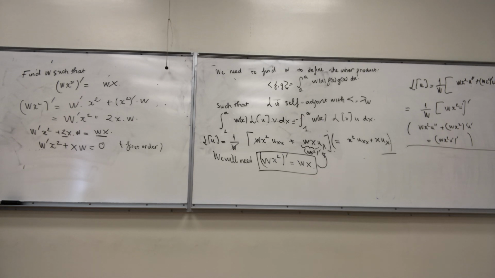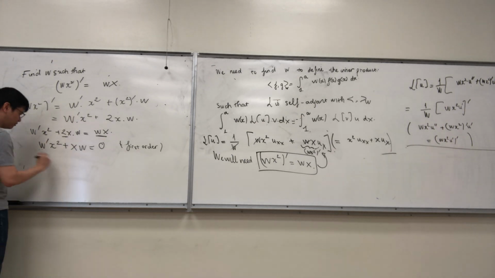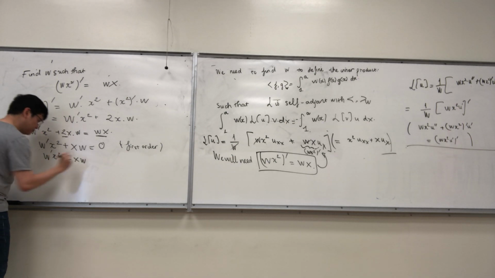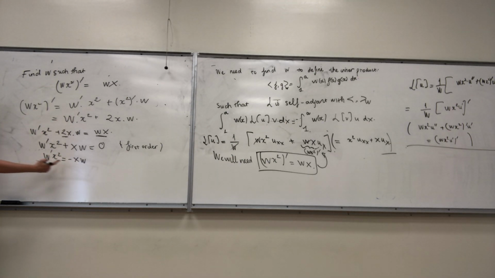Yes, you separate. So you're going to separate x and W. Can you say it at the back of the paper, please? So you're going to have W prime x squared is minus xW. You're going to put W on the left hand side and x on the other side.